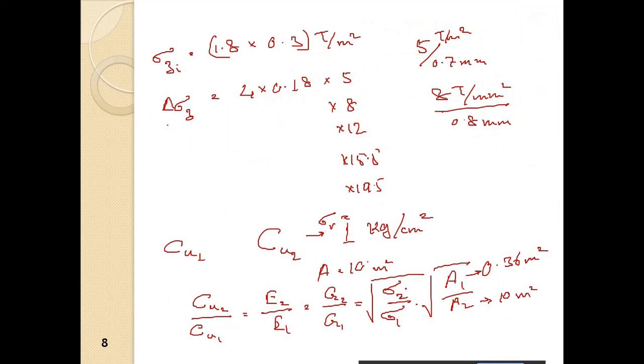Sigma 1 is this plus this, for various loading conditions, and sigma 2 will be 1 kg per centimeter square. So we will have CU2 for various loading conditions.